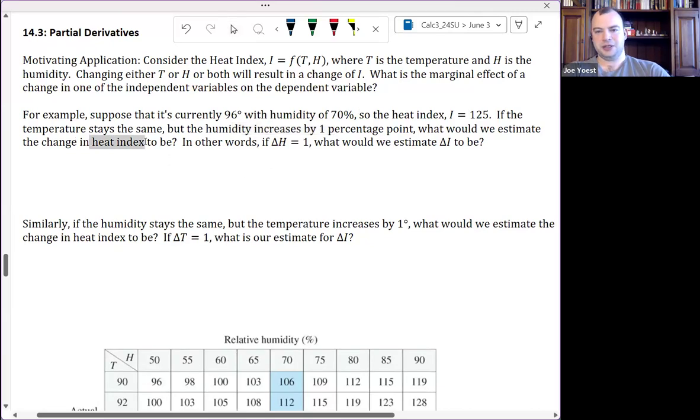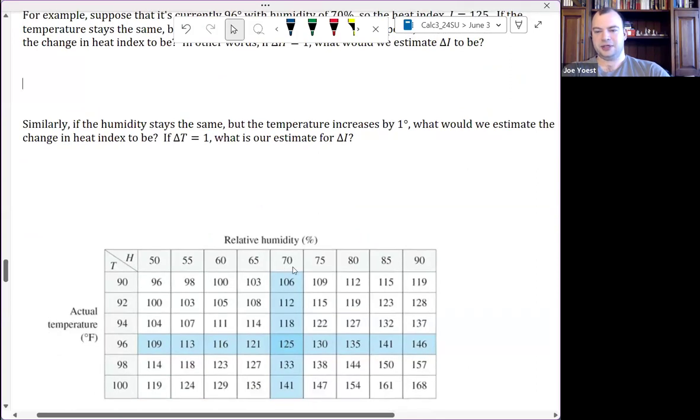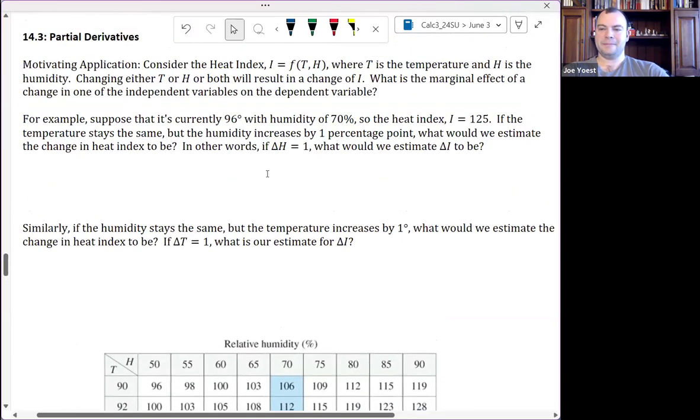Can we estimate the change in the heat index? I don't have 96, 71 here, but can I estimate how the heat index will change when I keep the temperature the same, but change humidity by, say, 1 percentage point? Or in other words, if delta H was 1 and delta T was 0, what do we think delta I would be?